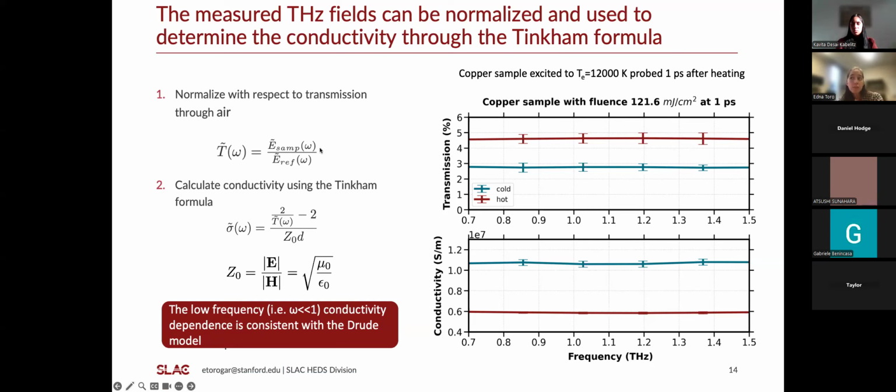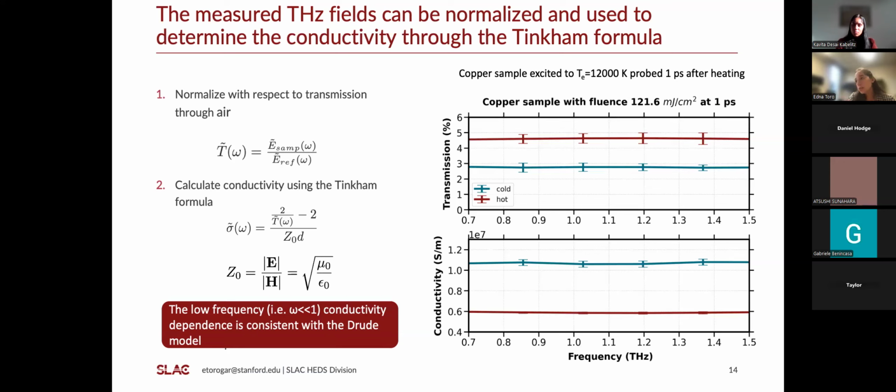The air being the reference, and the signal through the sample being the electric field that you will be using to obtain the transmission. We can see a transmission such as the one on the right-hand side figure for copper samples at different energy densities and at different times. And I will expand more about this in the future.